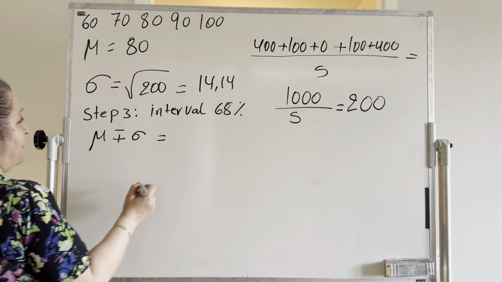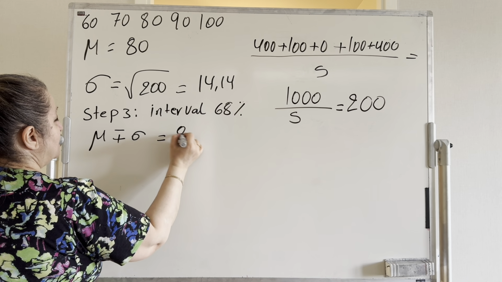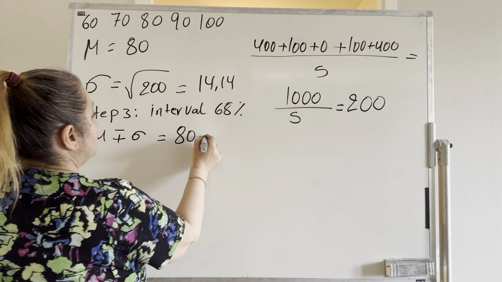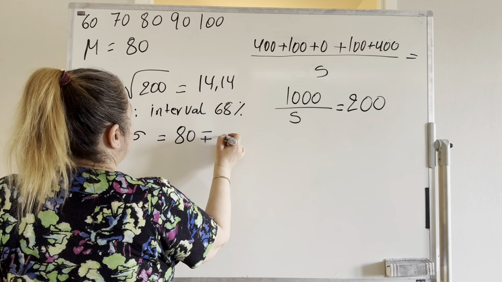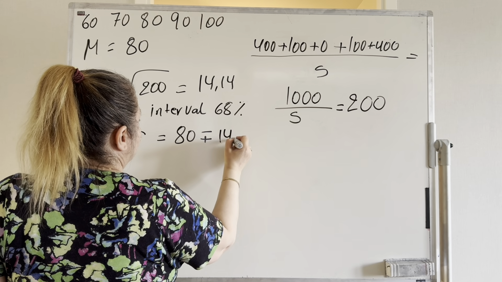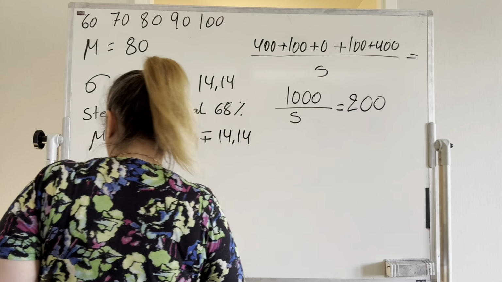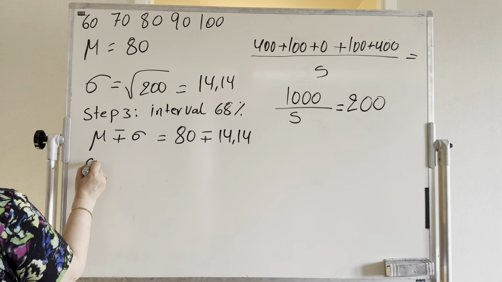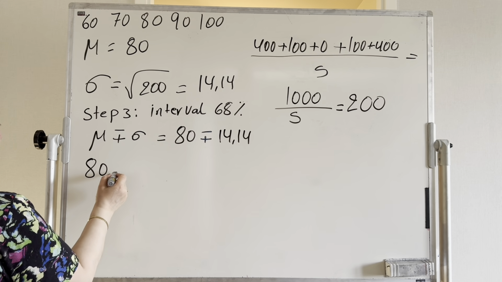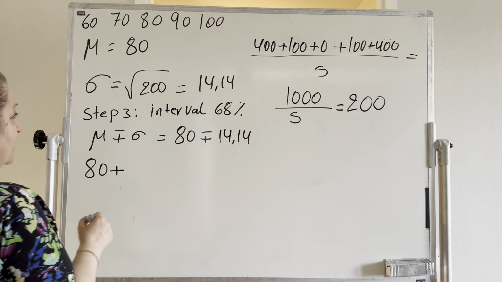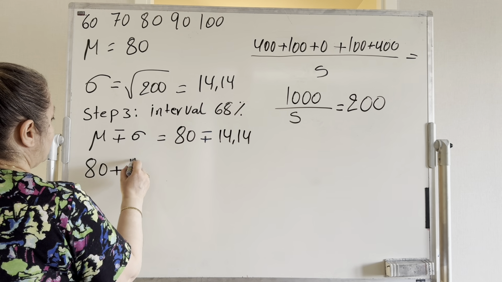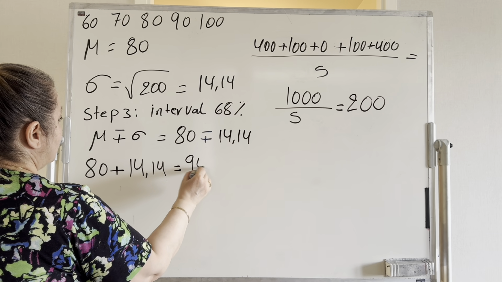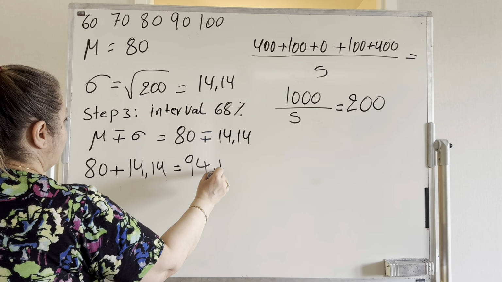Mu, the mean, is 80, plus minus 14.14. I will take the plus sign first: 80 plus 14.14 equals 94.14.